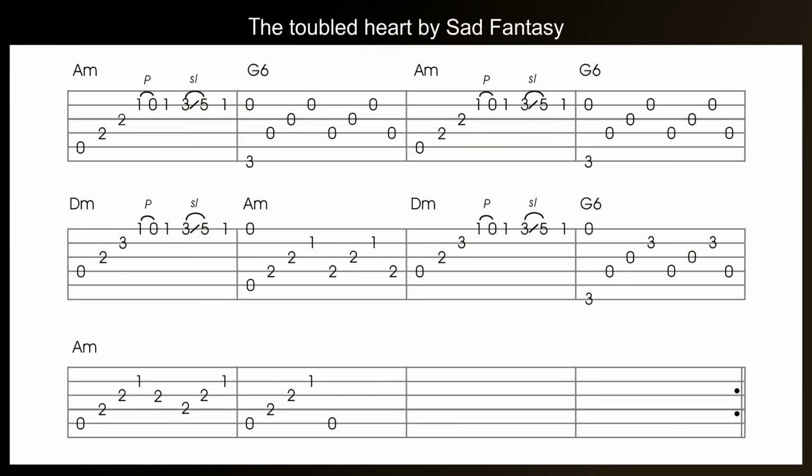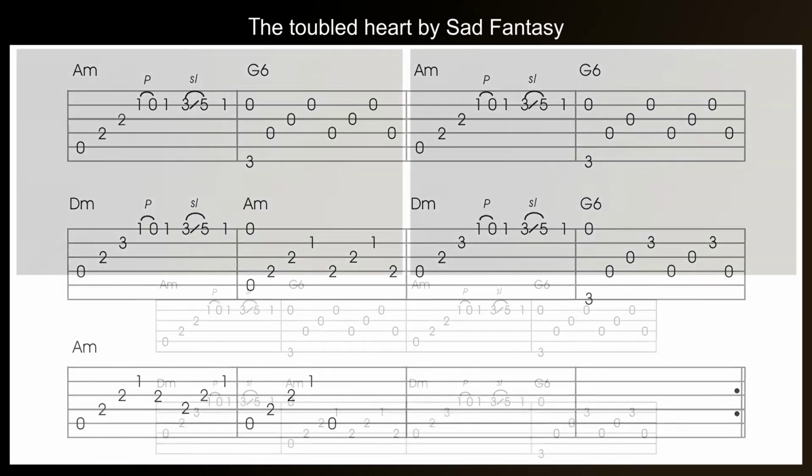The second two lines of theme 2 are very similar to the first two lines, and therefore there's no new techniques to learn. The only difference is very slight differences in the fingerpicking pattern, so keep your eyes open for that. And the final line of theme 2 is simply an open A minor. So let's hear the last three lines of theme 2 being played through.